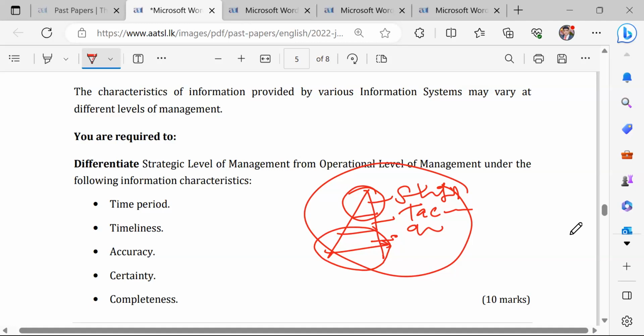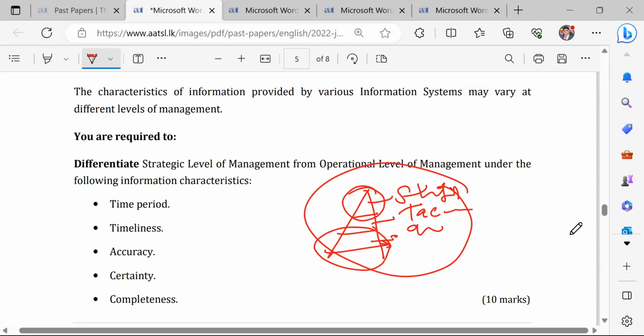For the operational level, they are making quick decisions, so they need actual-based and historical information, right? But the strategic level needs historical and forecasted data. The forecasted data is not required by the operational level. Historical data is required.